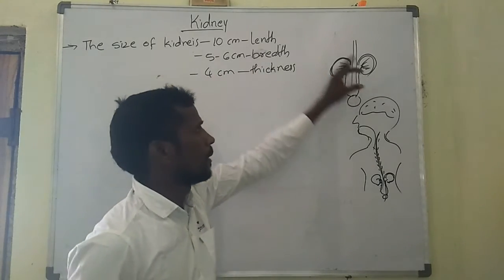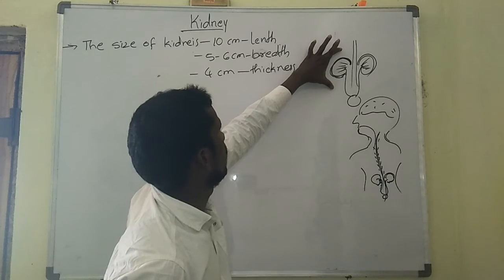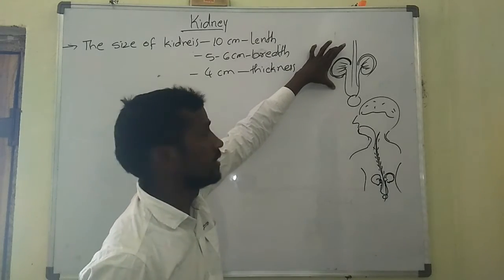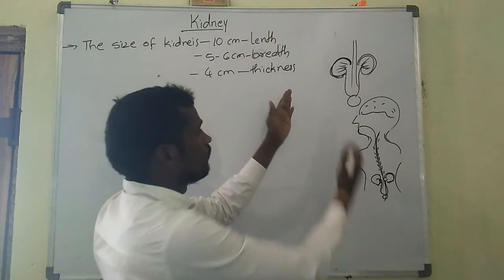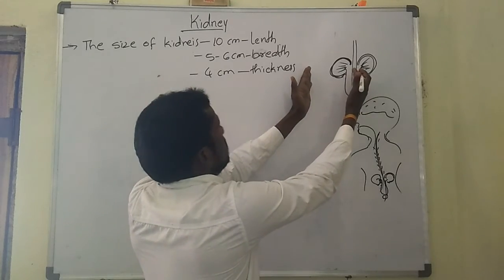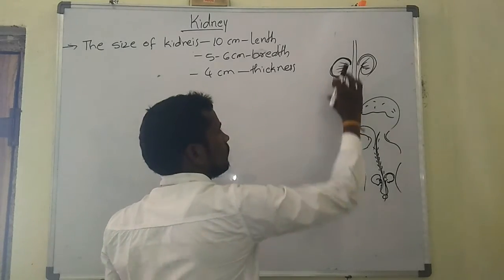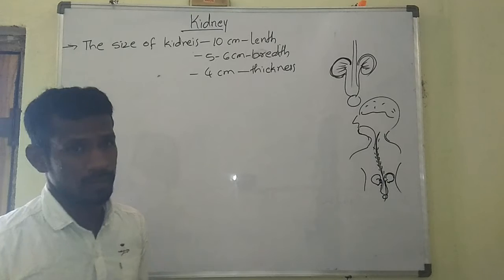Look at here, this is the length. How much centimeter? 10 centimeter. And the breadth is like that, 5 to 6 centimeter, and the thickness is 4 centimeter.